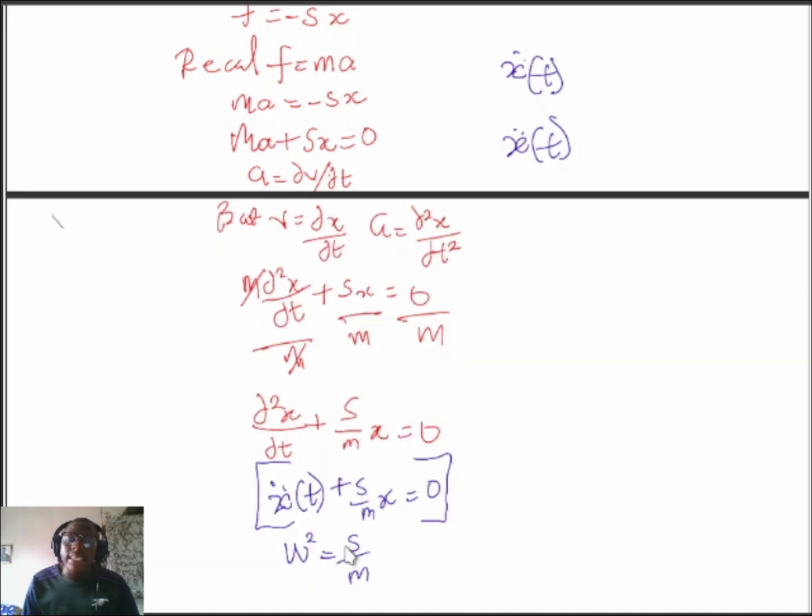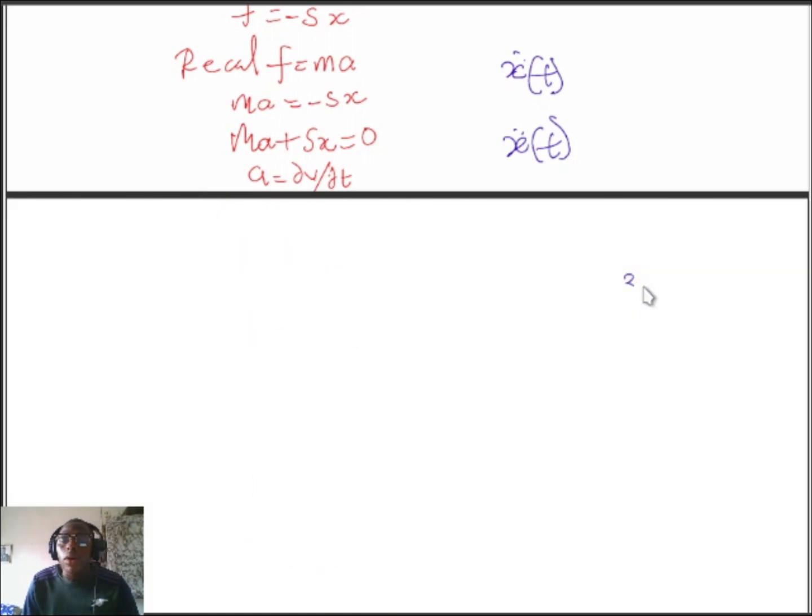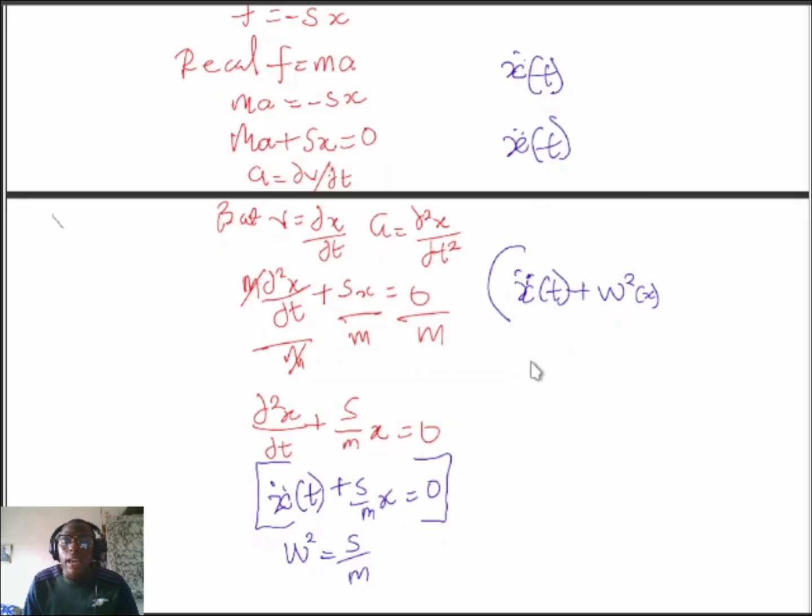So anywhere we are seeing S over m, we are inputting omega square. So your final equation will now be S dot dot of t plus omega square of S, and this will be equal to 0.